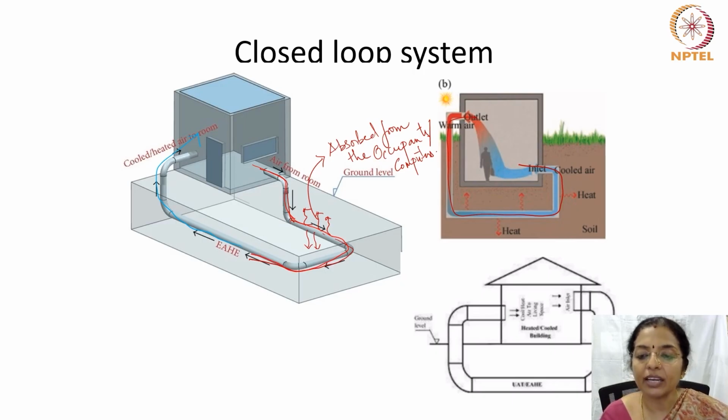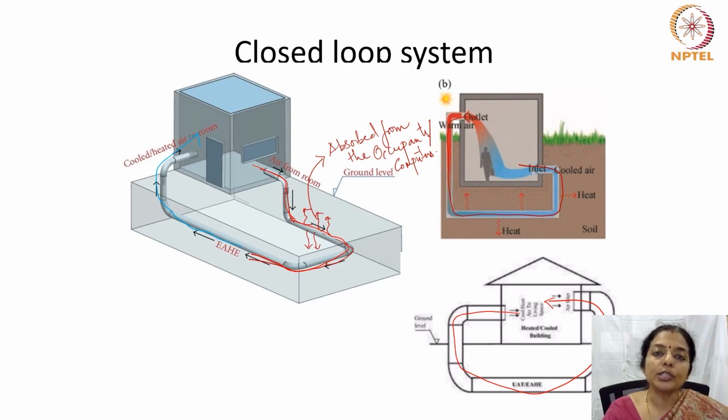So in a closed loop system, the inlet air and the outlet air do not open to the outside, but are only in contact with the soil. So it is considered more viable than the open loop, since the cooled or warm air is redistributed inside the pipe cover underground.